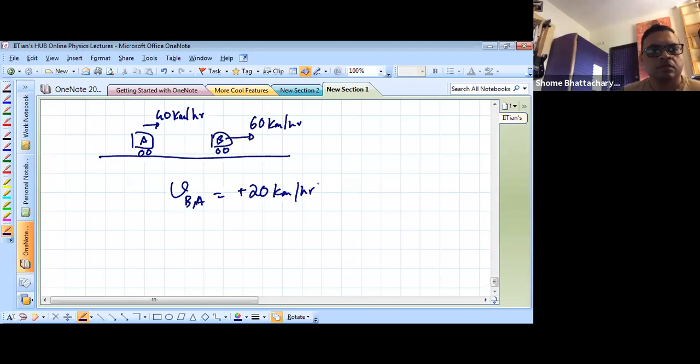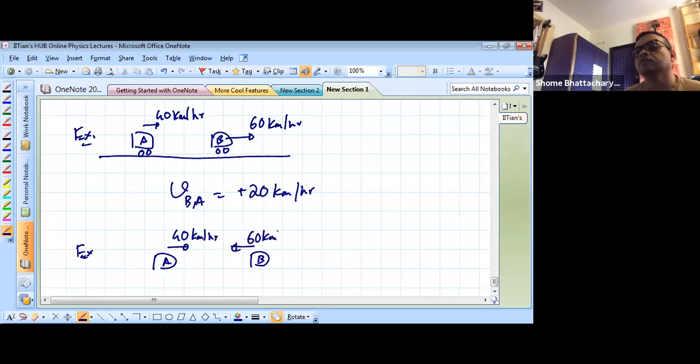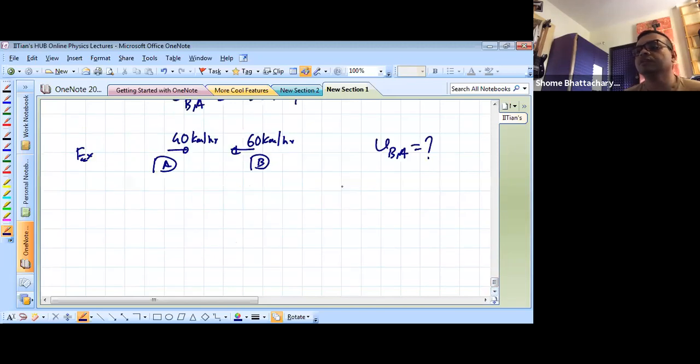All right. Whereas now, imagine a situation where we have the same two things A and B, but they are coming at each other at these speeds. So now how do we calculate velocity of B with respect to A? For this, you have to be a little more careful. You have to understand that there is a sign convention involved.